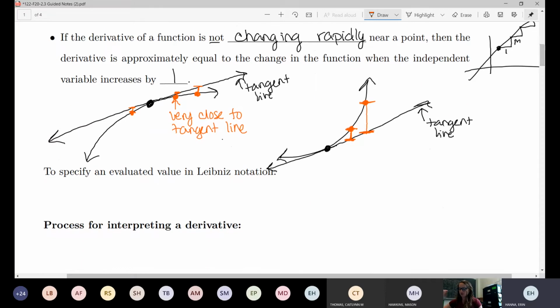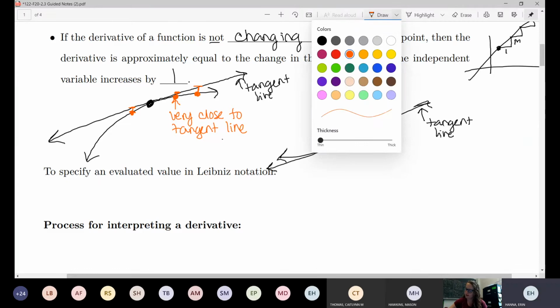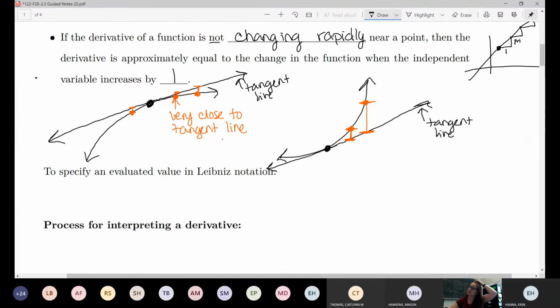But back to Leibniz notation really quick. If we want to evaluate the derivative at a value, let me just write this down. If we wanted to say f prime of 2, how would you say that in Leibniz notation?